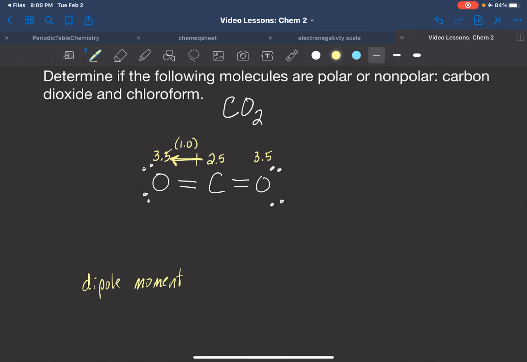Hopefully we've talked about this before, but di means two, and pole means side. So two sides. Moment means that, kind of at that moment of time, during that period of interaction. So there is a 1.0 in that direction right there. That's our dipole moment. That arrow with the positive symbol, that's how we represent a dipole moment.